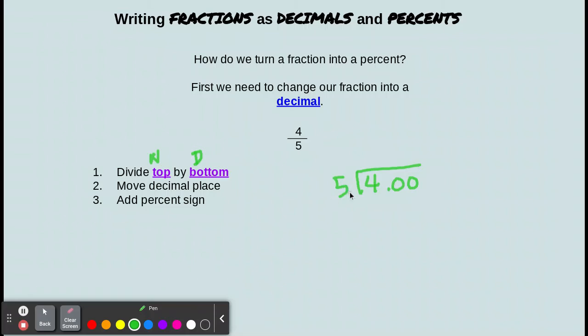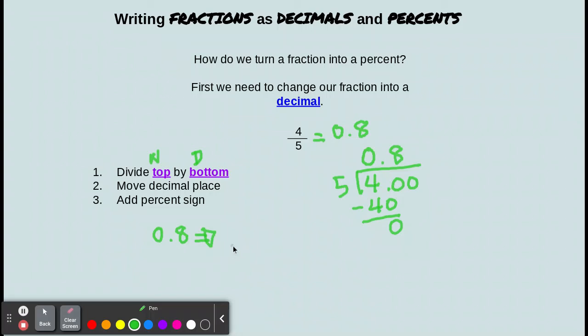Okay? So if we divide the top by the bottom, 4 divided by 5. 5 can go into 4 0 times. 5 can go into 40 8 times. So 4/5 is the same as 0.8 in decimal form. Now, going back to what we just learned, we can change this decimal into a percent by doing what?